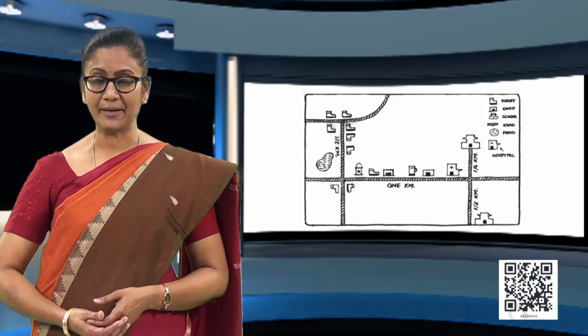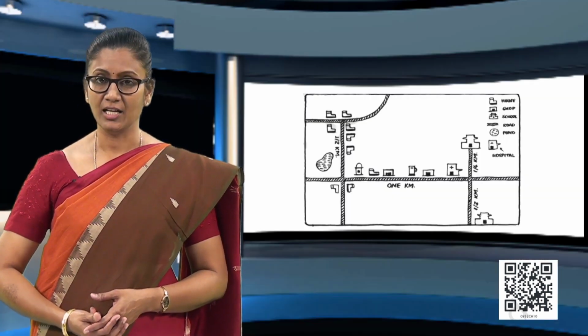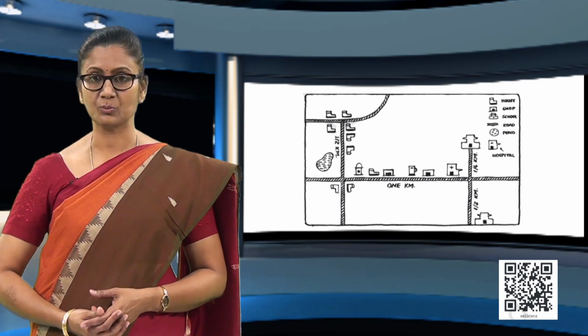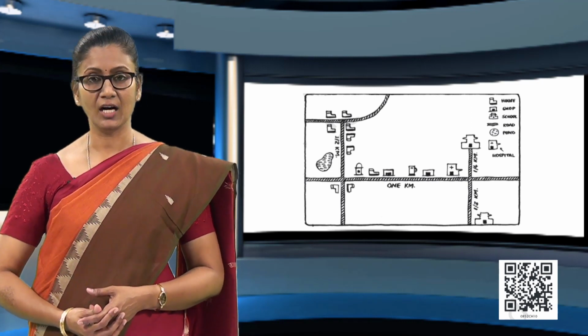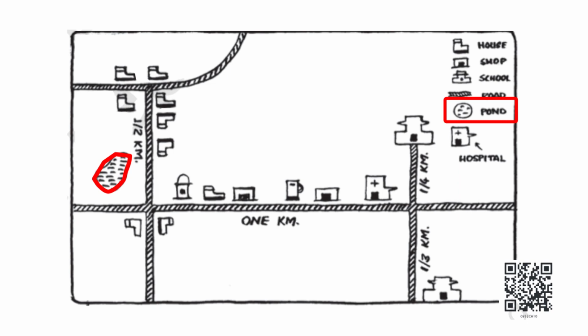By looking at the map, can you tell what are the landmarks between the school and the house? Yes, the landmarks are the pond, a post office, a shop and a hospital.